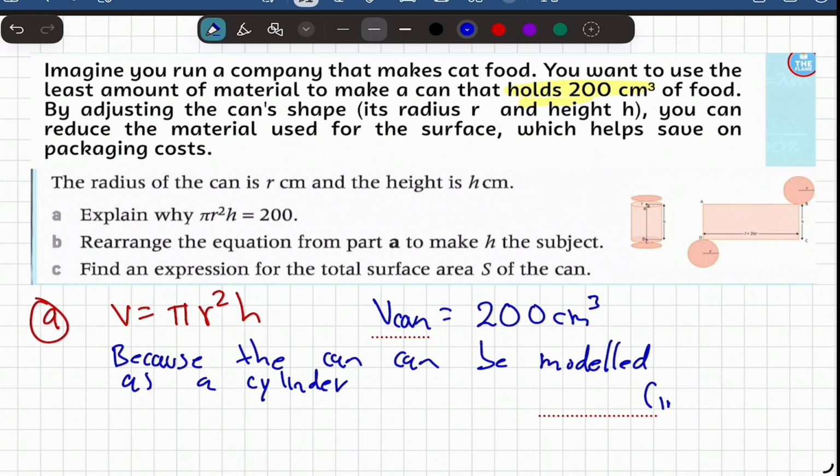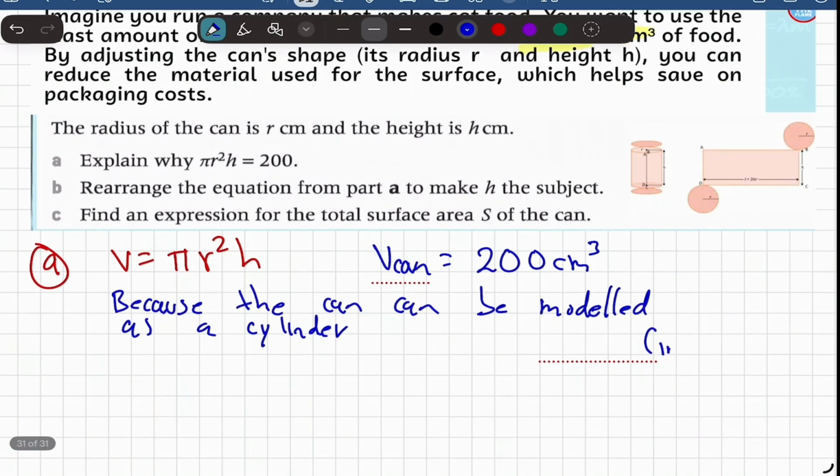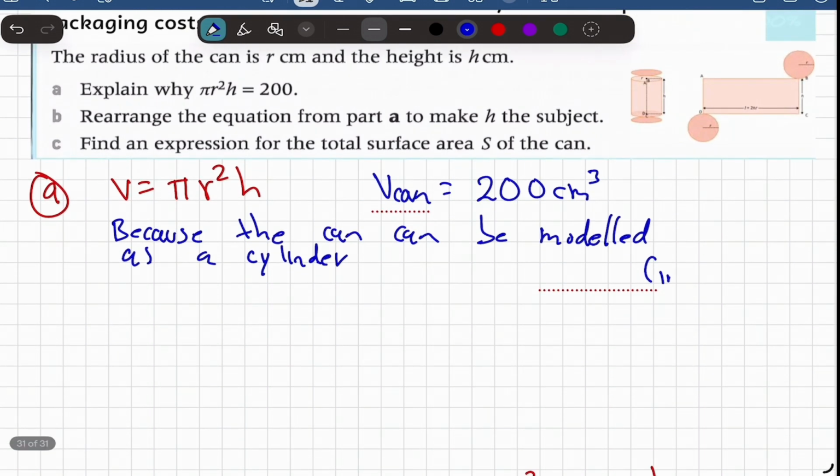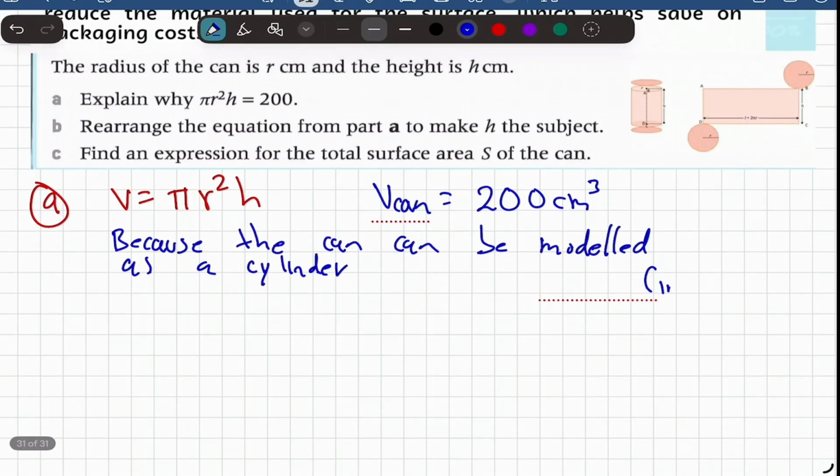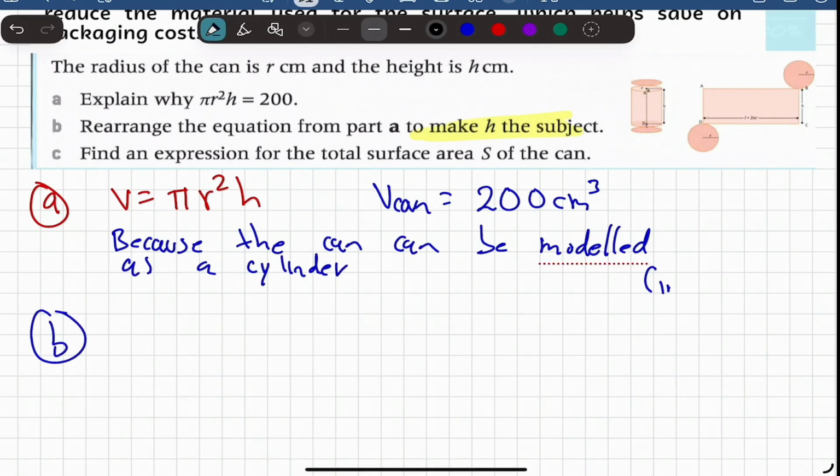Then for B, rearrange the equation from part A to make h the subject. What is the meaning of make h the subject? Basically to isolate h. So for B, we have this equation, pi times radius squared times h equals 200 centimeters cube.